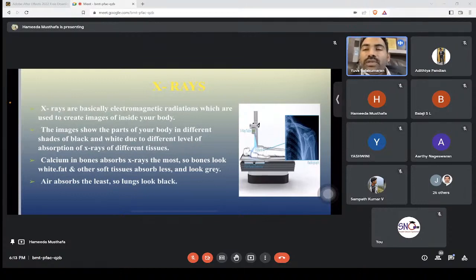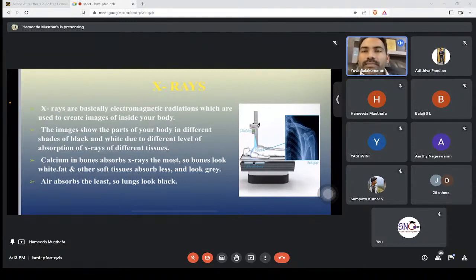So bones are radio-opaque and appear white. Fat and other soft tissues absorb fewer X-rays, and the X-rays can penetrate more, so they look gray. Air absorbs the least, so wherever air is present, it will be black. You are seeing a picture of how they take an X-ray, and an X-ray of the left shoulder joint.